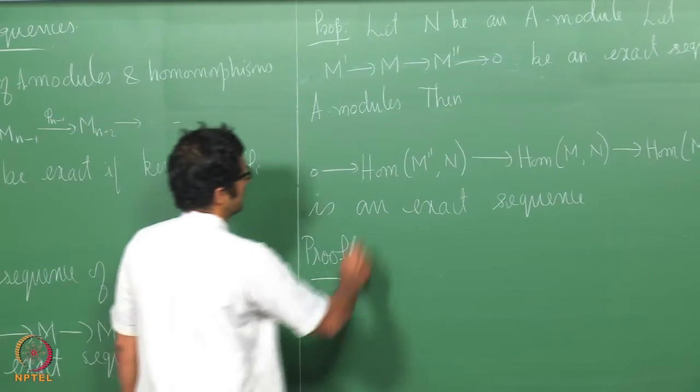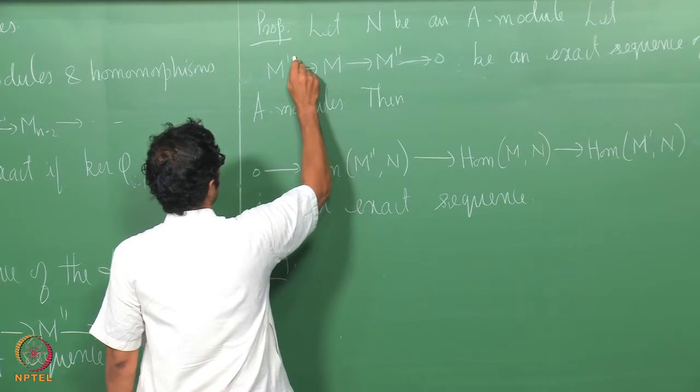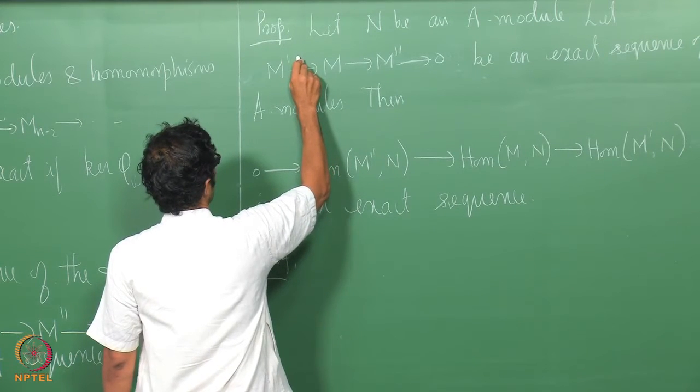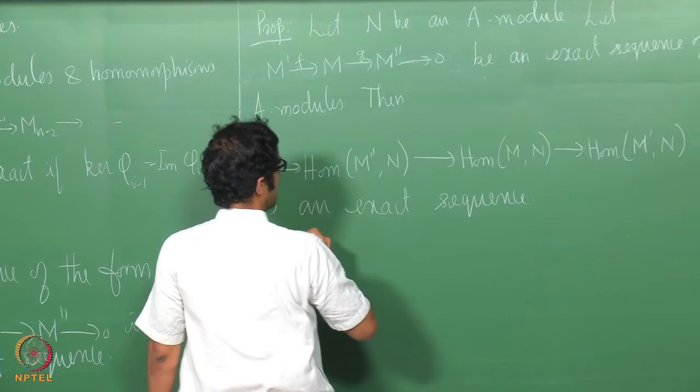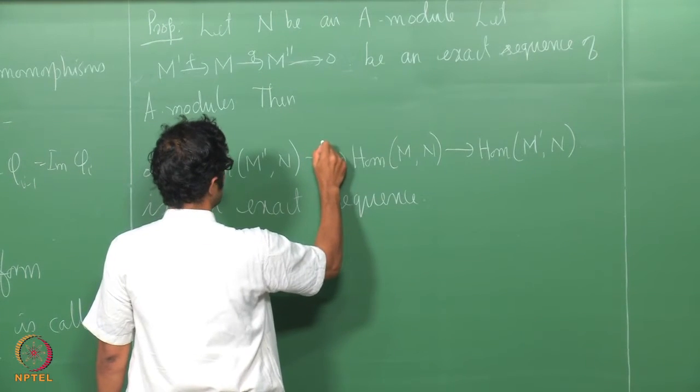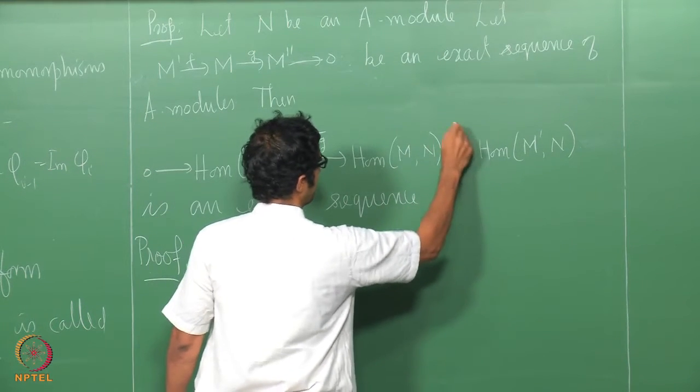So see here, let us call this map f and g. Therefore this will be g bar, this is f bar.